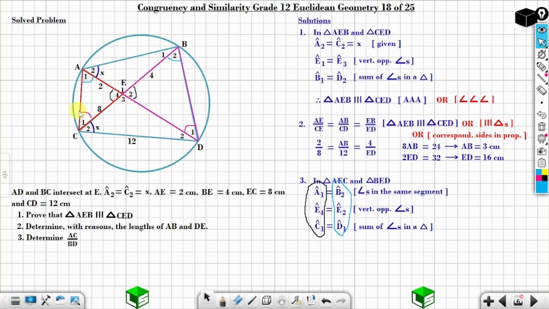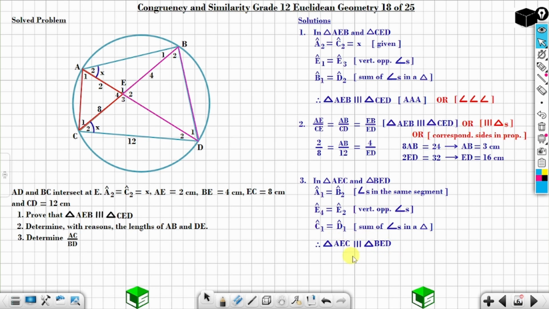C1 is subtended by AB and D1 is also subtended by chord AB. So the reason can be sum of angles in a triangle or angles in the same segment. After this, you can conclude triangle AEC is similar to triangle BED.